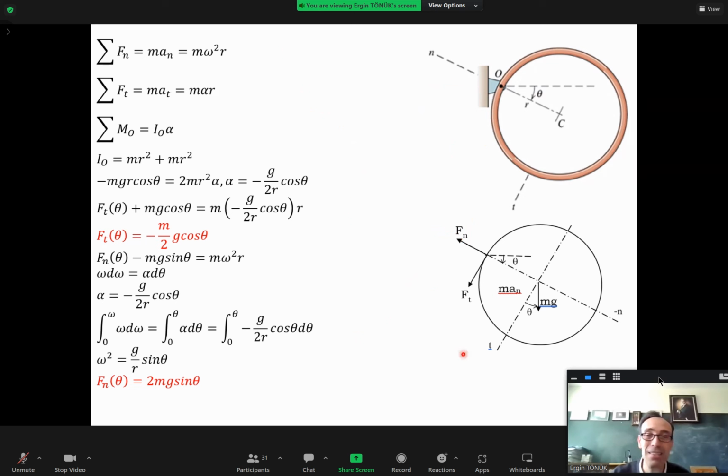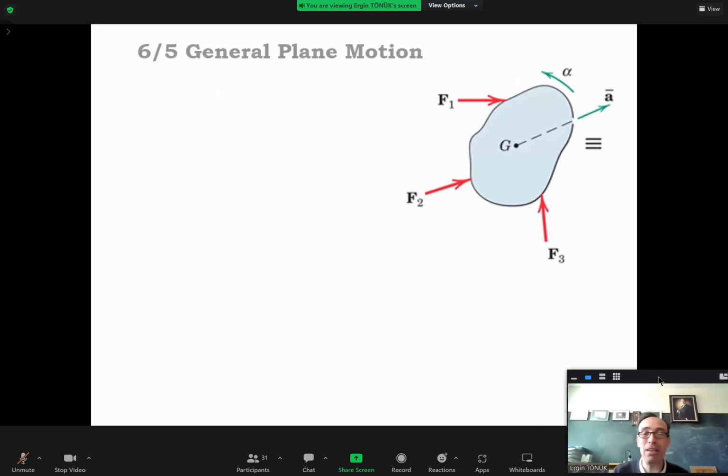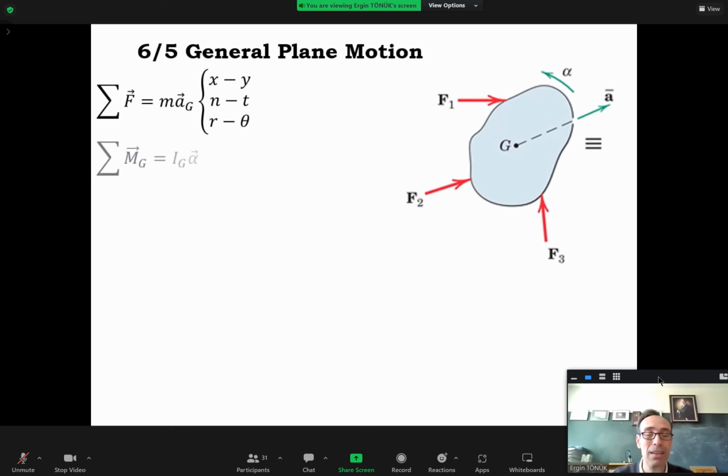Let's continue with general plane motion, which is actually the final section of the direct application of the force-mass-acceleration method. In that case, we have this expression, which is Euler's first law.